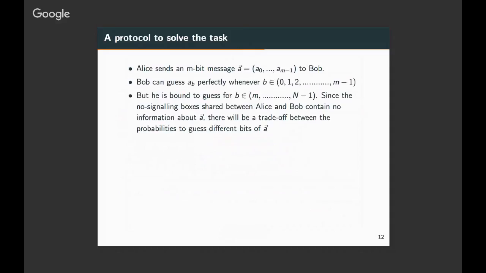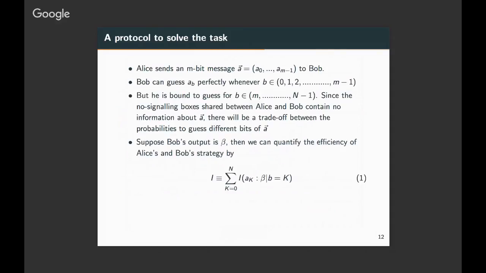Since the no signaling boxes shared between Alice and Bob contain no information about A, there will be a trade-off between the probability to guess different bits of A. Suppose you write Bob's output as beta. Then we can quantify the efficiency of Alice and Bob's protocol through this number.